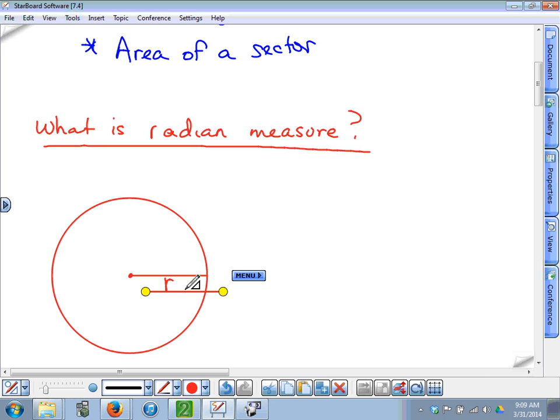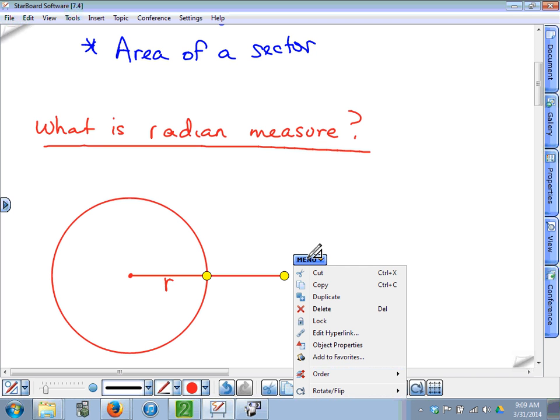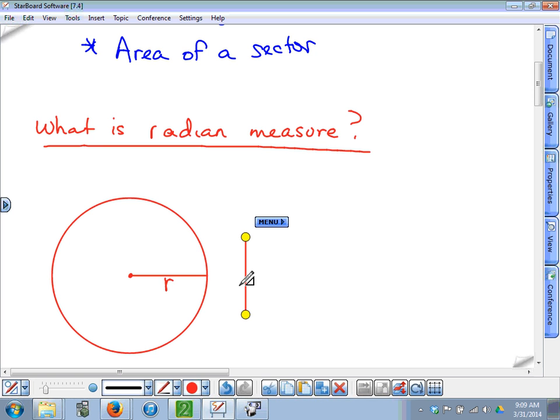So I'm gonna take this, and I've got to rotate it. Rotate it. There we go. That's the same distance as that radius. You guys agree? Yeah. I just rotated it up.